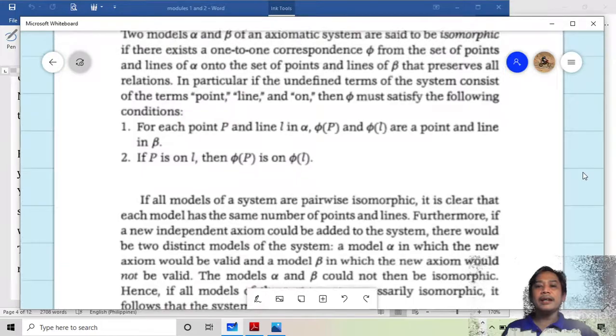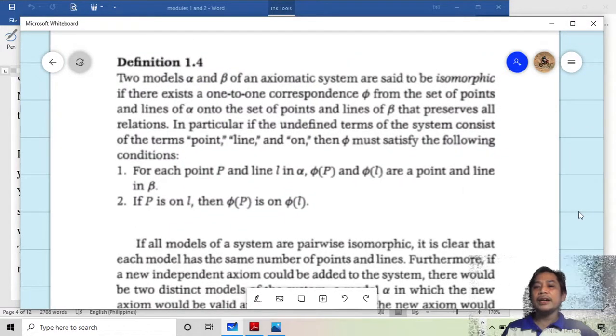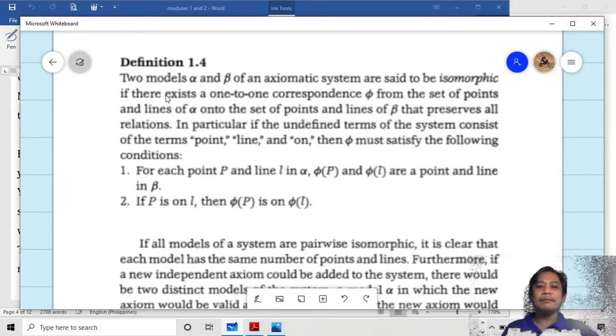So what do we mean by isomorphic, or basically the same? Two models, alpha and beta, of an axiomatic system are said to be isomorphic if there is a one-to-one correspondence phi from the set of points and lines of alpha onto the set of points and lines of beta that preserves all relations, in which case the relation being "on".